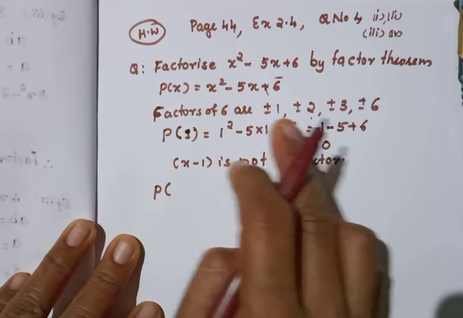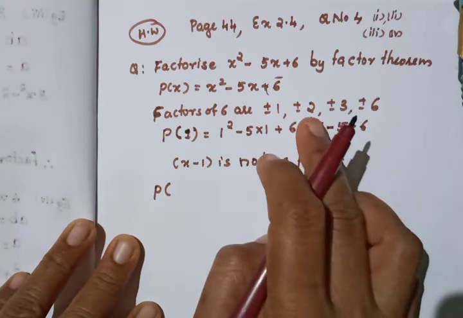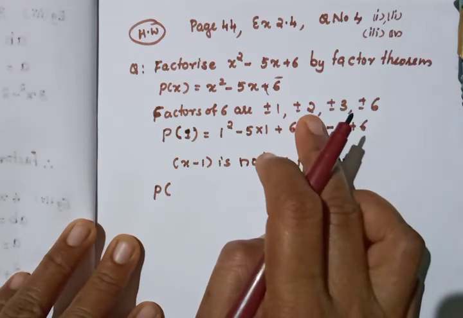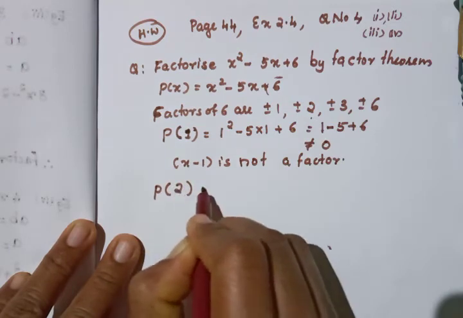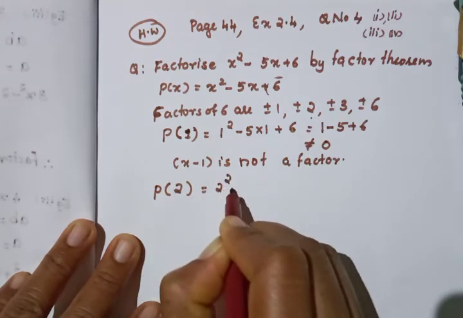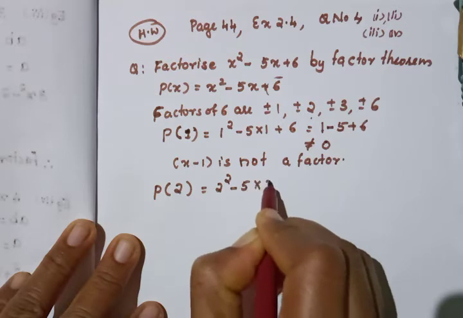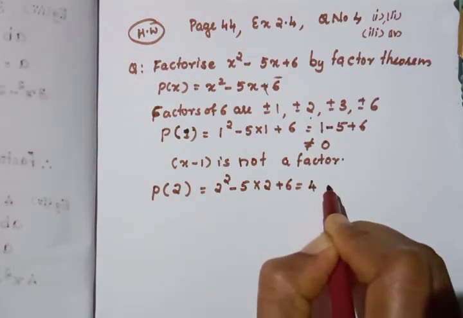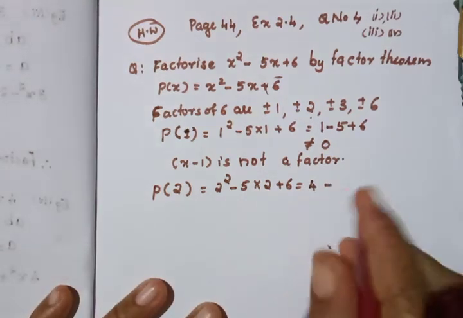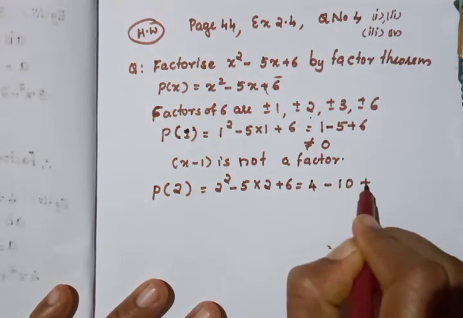So I am not checking with the minus 1. What can I take here? Can I take positive 2 or negative 2? I'll take positive 2. Okay, so what is 2 square minus 5 into 2 plus 6? 2 square is 4, minus 5 into 2 is 10, plus 6.